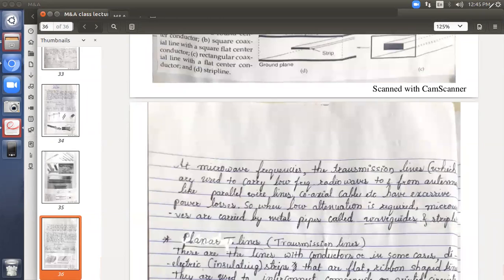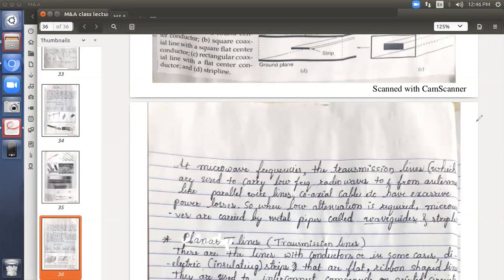Fine. Now under the transmission lines, obviously whenever some evolution takes place, it is based on some disadvantages that lead to the evolution of newer technologies, right? The same is the case with the transmission lines also.